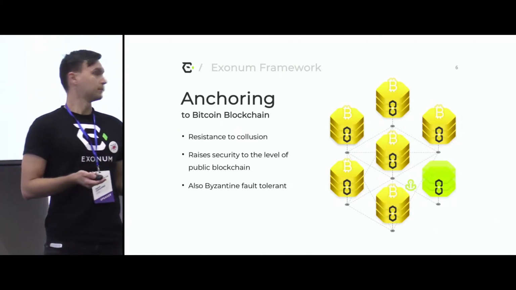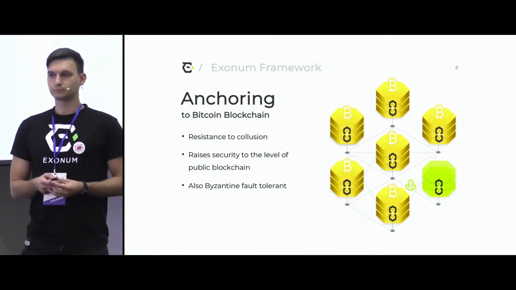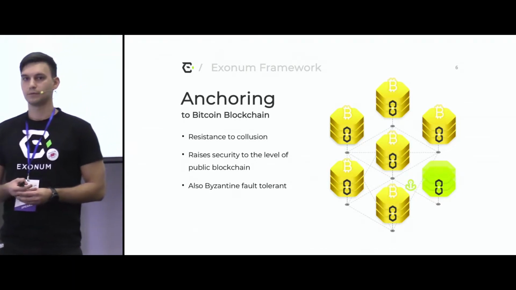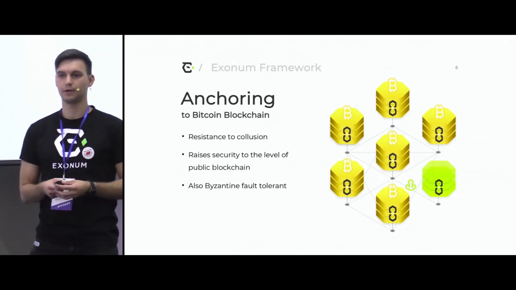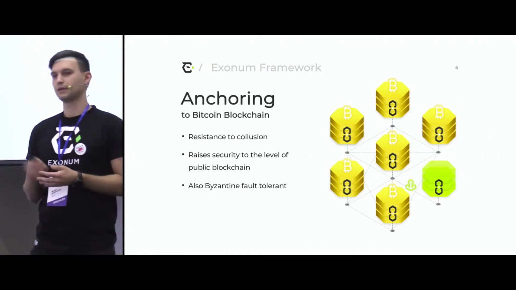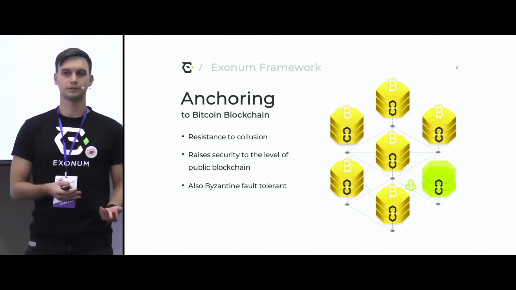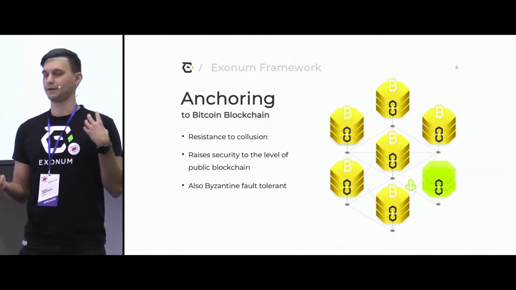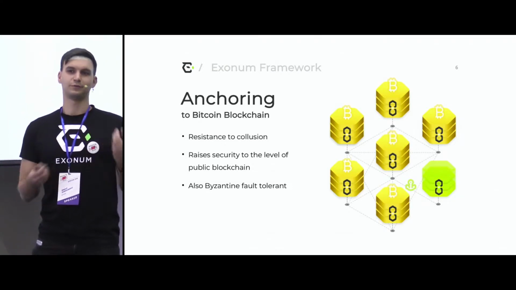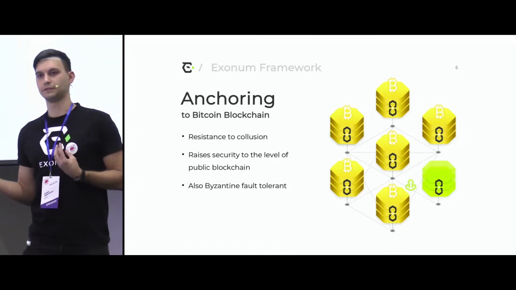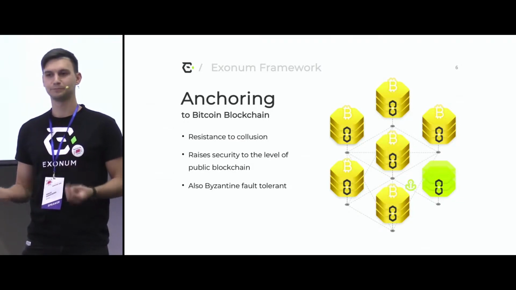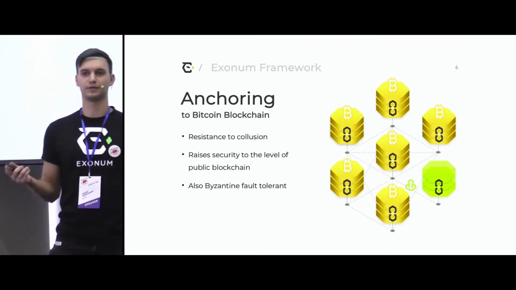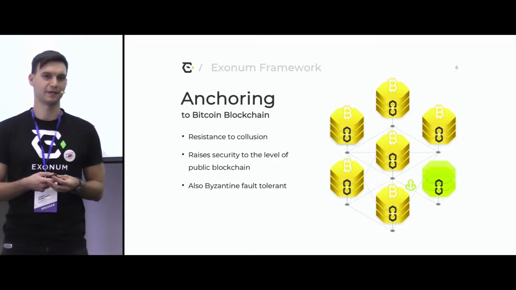We also developed the anchoring technology. It's useful, for example, if we have 4 nodes and BFT consensus with 3 nodes, and it can happen that 3 nodes agree to cheat the first node. What can the first node do in this case?